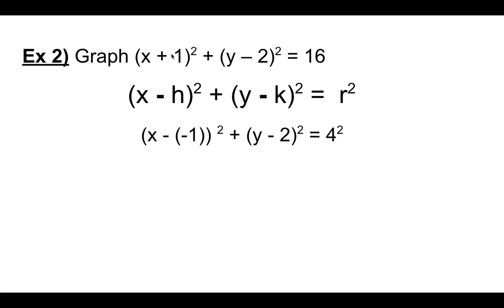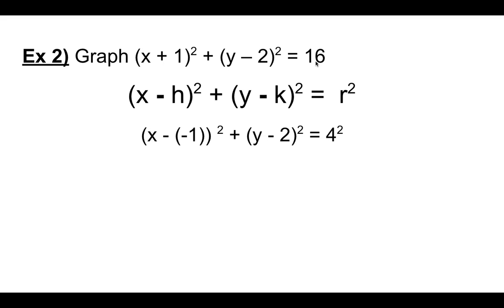Now, in order to change this addition sign into a subtraction sign, instead of it being x plus 1, I'm going to do x minus negative 1. And I'm going to take that quantity and square it, plus, and here for the second part, y minus 2 is already in the format of y minus k, so I need to make no changes there.